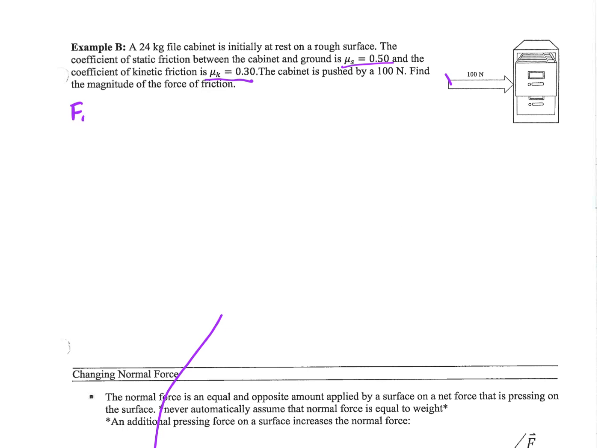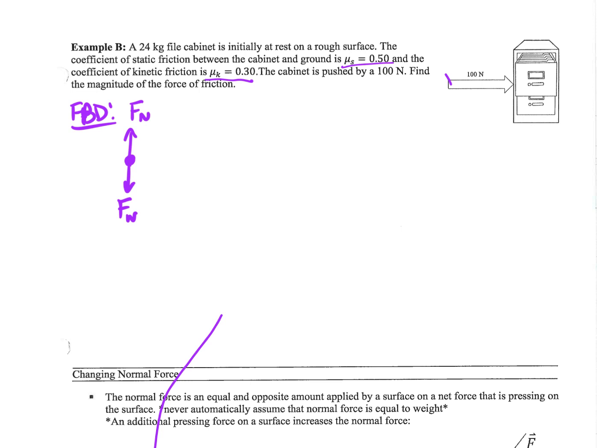So, free body diagram. What forces are acting on this? Normal force, absolutely. What else? Gravity or weight. What else?